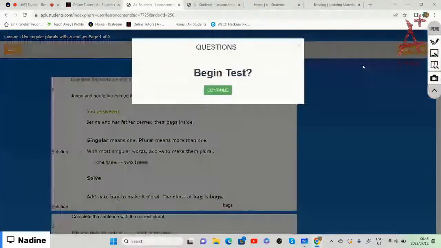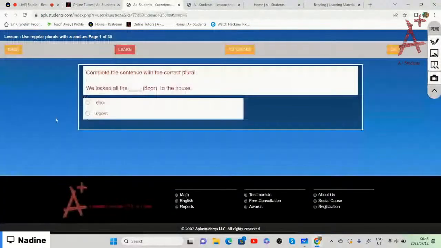So now let's go to our last test, right, on how to use regular plurals with S and ES. We need to complete the sentence with the correct plural, right? Plural that shows that there is two or more than one. We locked all the door to the house.